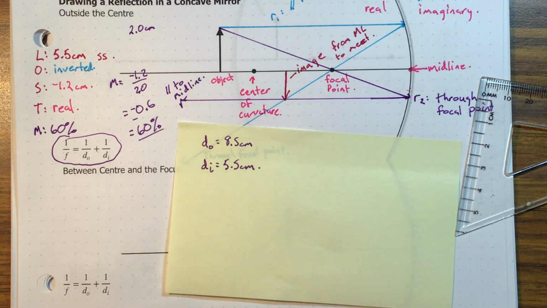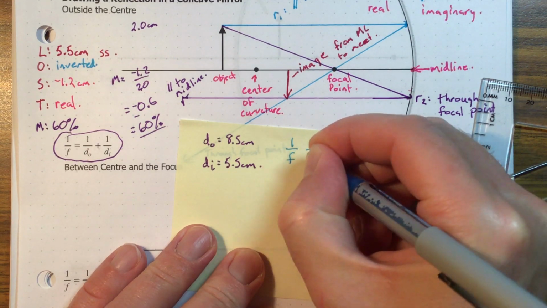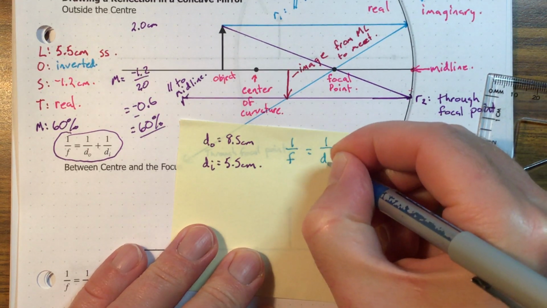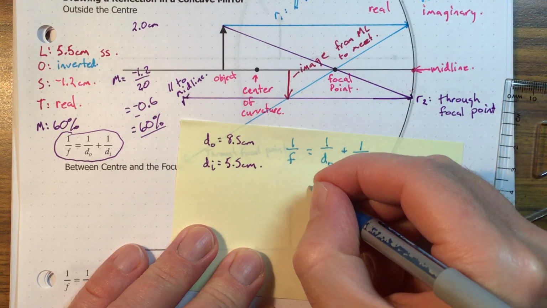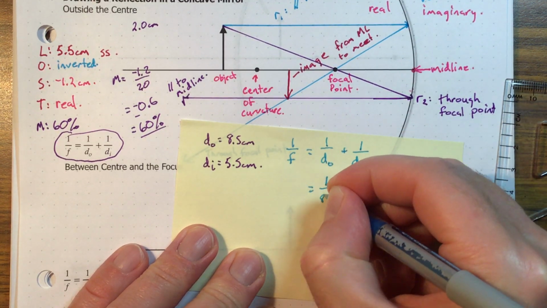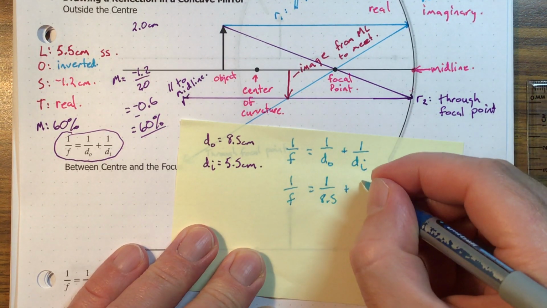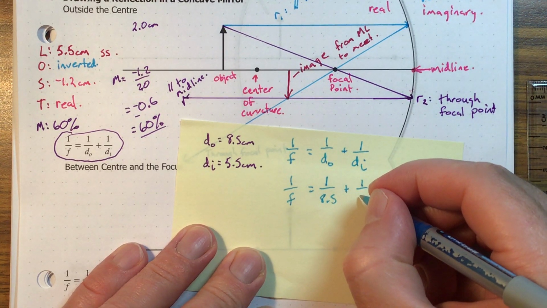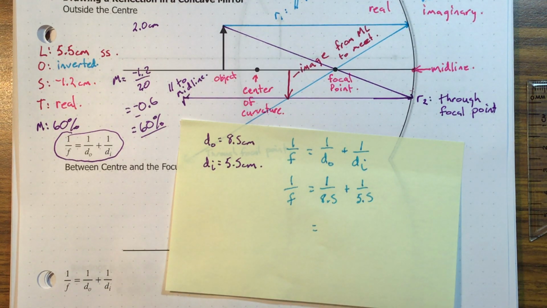Okay, now let's do a little bit of math here. 1 over our focal length is equal to 1 over our distance to our object plus 1 over distance to our image. 1 over f equals 1 over 8.5 plus 1 over 5.5. Now I do that on my calculator.